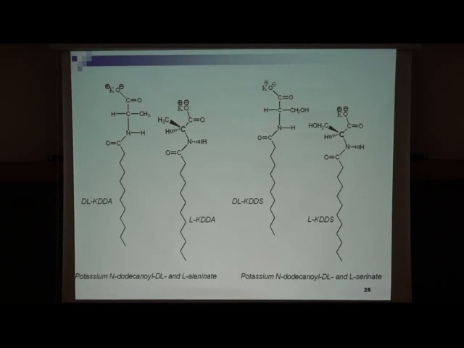Okay, for this study, we chose two racemic amphiphiles. We have potassium laurate, DL-alanine and L-alanine, and we have potassium laurate, DL and L-alanine.